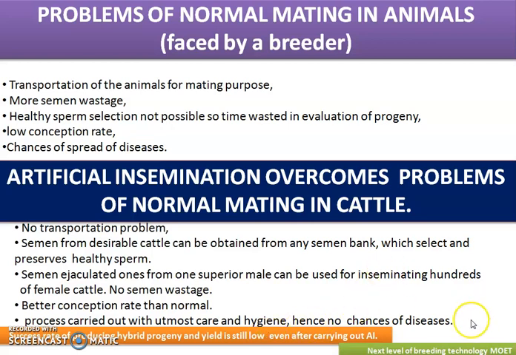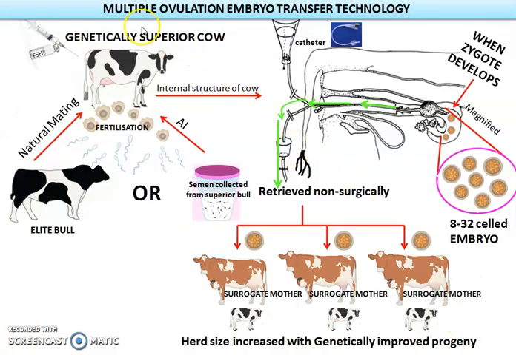There are still higher techniques. The next level of breeding technology is called MOET, multiple ovulation embryo transfer. This technology, MOET in short, is very important for your lesson.